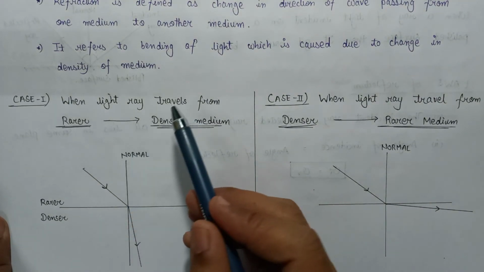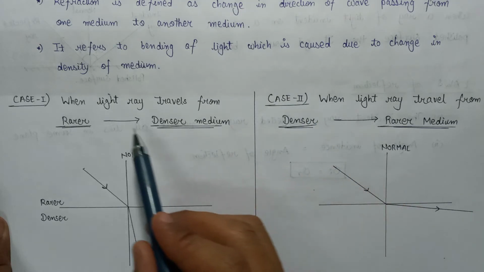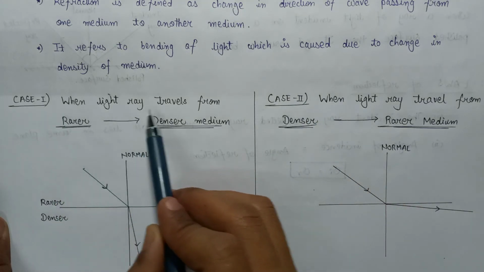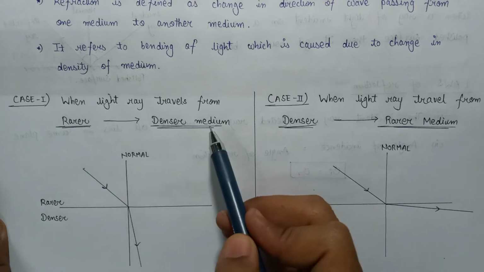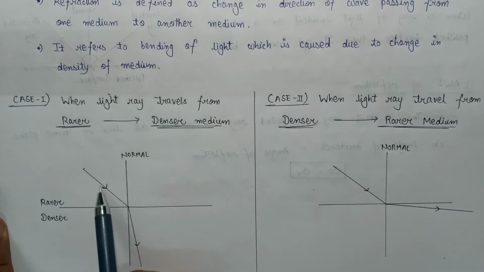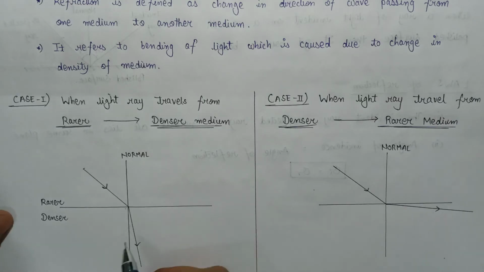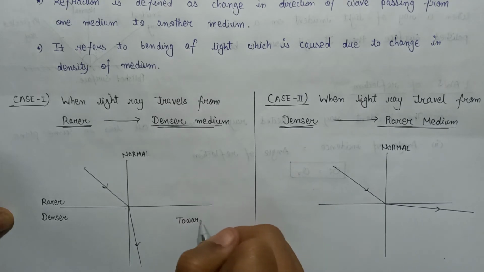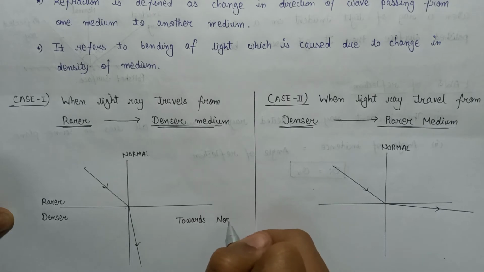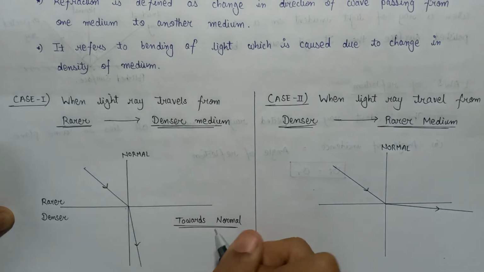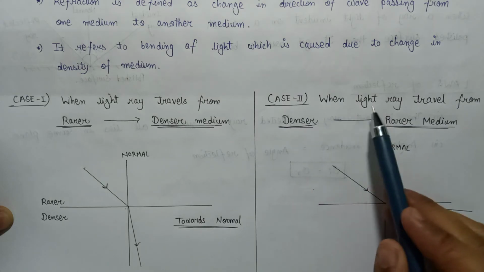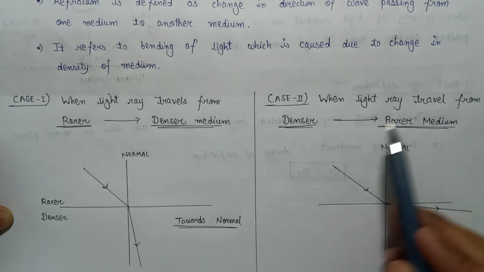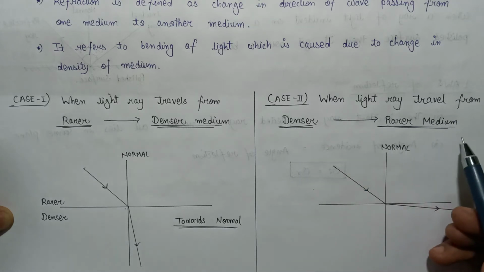Also, if we talk about refraction, there are two cases. According to case number 1, when the ray of light travels from the rarer medium to the denser medium, it will bend towards the normal. But case number 2 is when the ray of light travels from the denser medium towards the rarer medium.